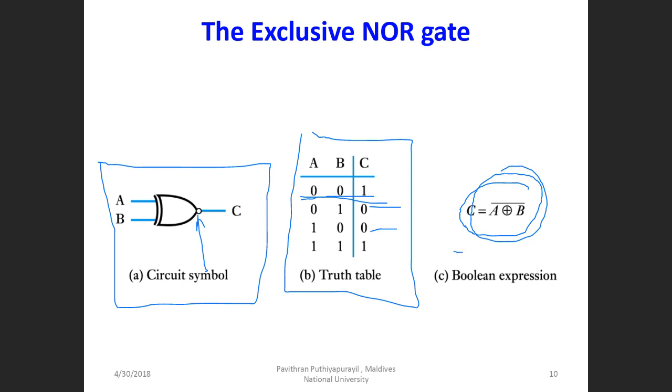And the expression for this will be A B plus A bar B bar. The simplified equation for this exclusive NOR is A B plus A bar B bar. Any confusion?